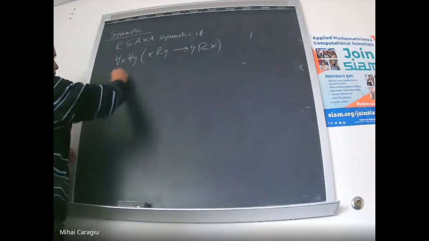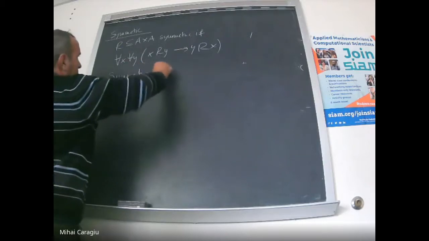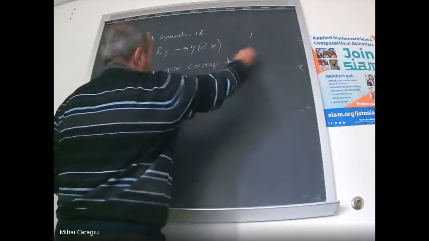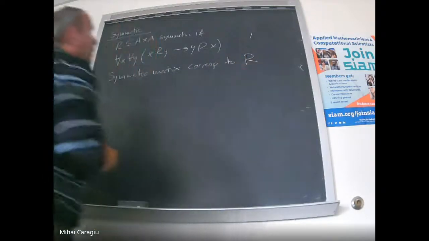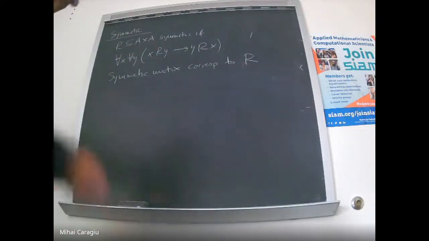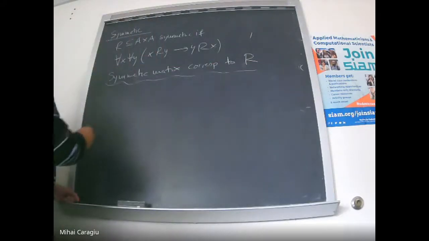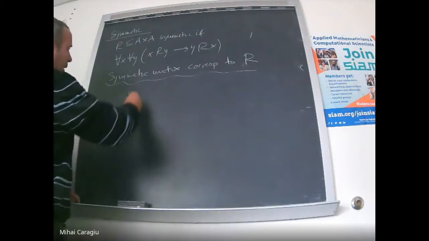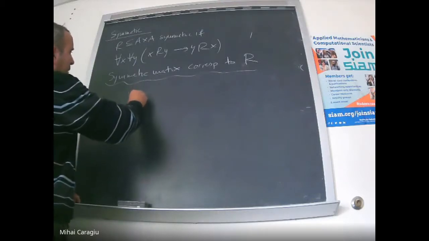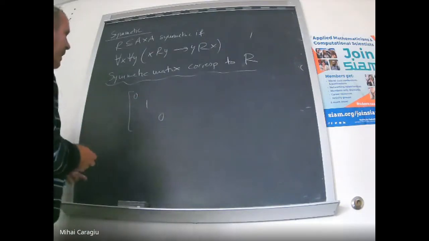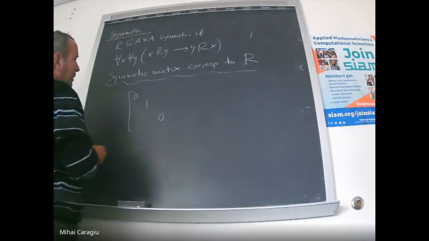So symmetric matrix corresponding to R. Okay, so symmetry means we don't even care what is on the diagonal, whatever elements are reflected about the main diagonal are equal.